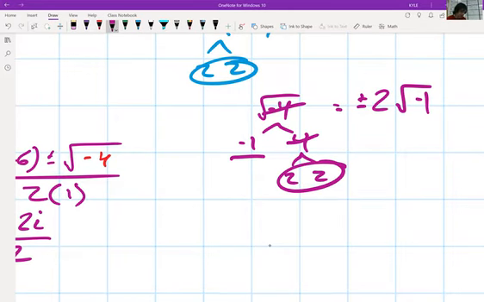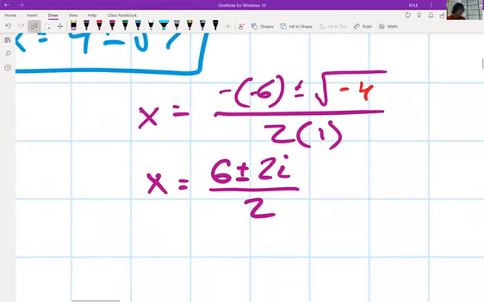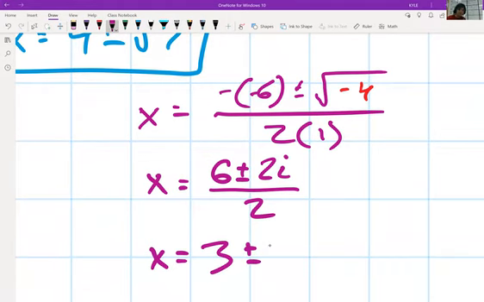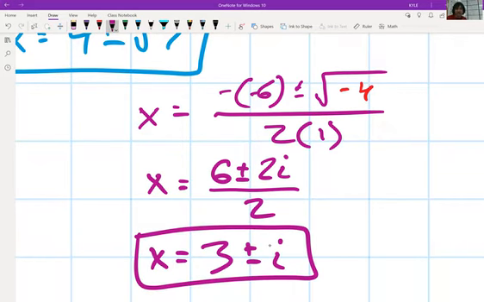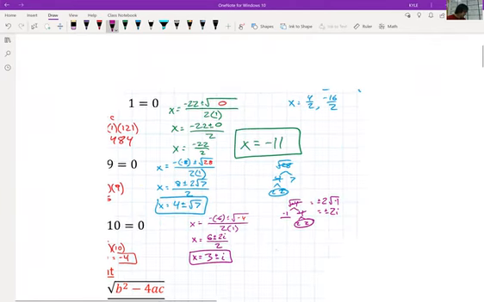But what is the square root of negative 1 defined as? Plus or minus 2i. So we get 6 plus or minus 2i all over 2. Let's just separate them out. 6 over 2, 3, plus or minus 2i divided by 2, 3 plus or minus i. We've got imaginary complex solutions now.